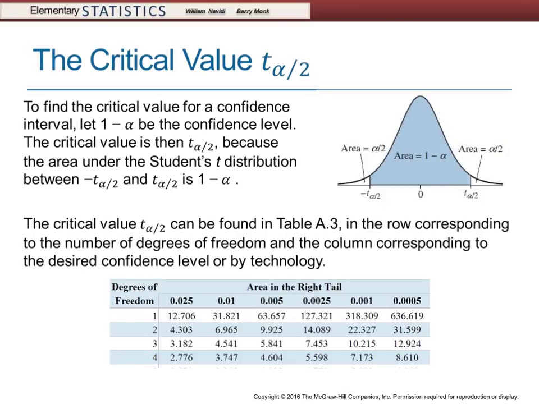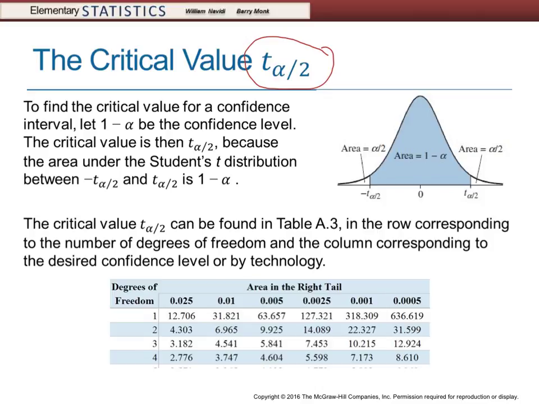So there's a new table in town called the t-distribution table, the t-table, for the student t-distribution. To find the critical value for a confidence interval, we let 1 minus alpha be the confidence level. The critical value then is t alpha over 2, because the area under the student t-distribution between negative t alpha over 2 and t alpha over 2 equals 1 minus alpha.